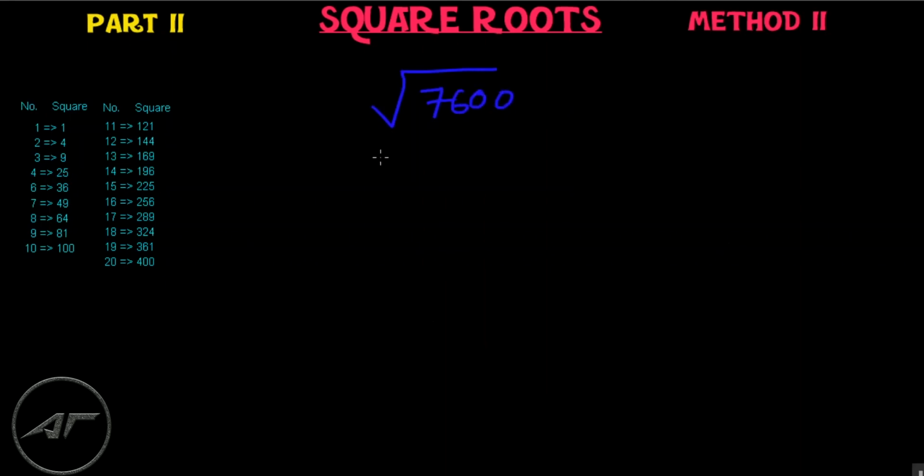Now what you can do is break it up into the square root of 76 into the square root of 100, which gives us the square root of 76 into 10, right? Now let's find the square root of 76 using the method that we used before.